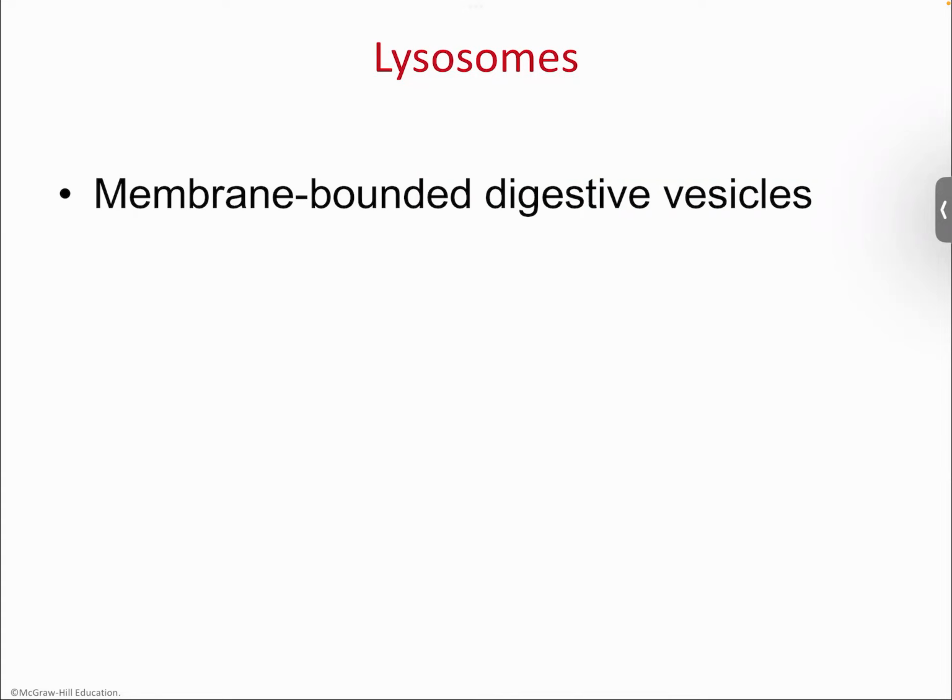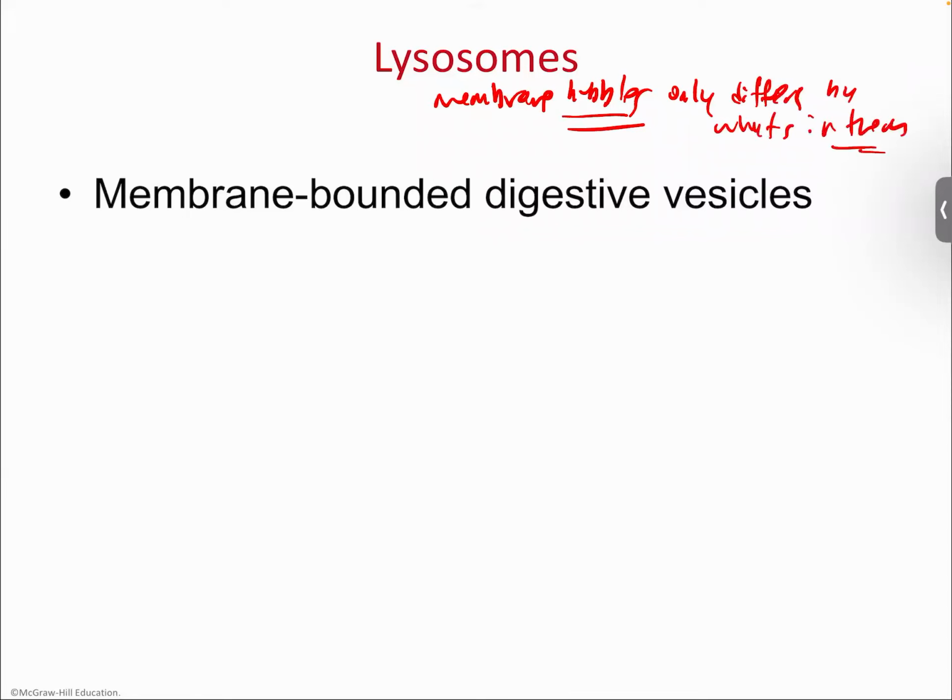So lysosomes, right? The reason why we're talking about lysosomes is because basically lysosomes look exactly the same as secretory vesicles. They're membrane bubbles. The only thing that differs is what's in them. So what's in them?